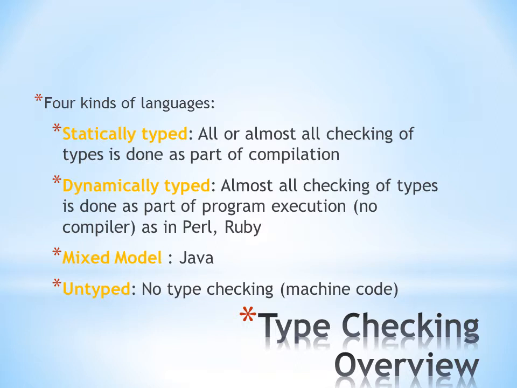In the mixed model, statically typed and dynamically typed are both considered. As an example, we can give Java. Languages like assembly do no type checking. It means it's untyped.